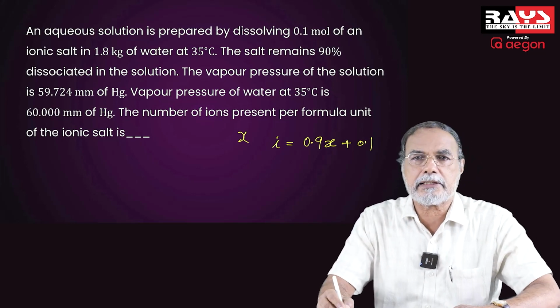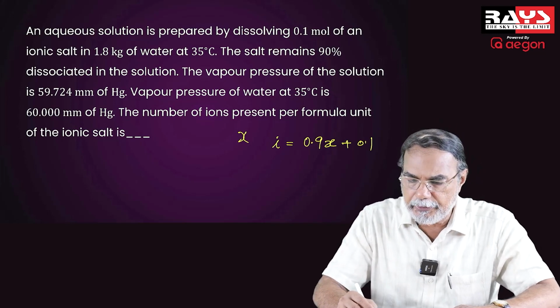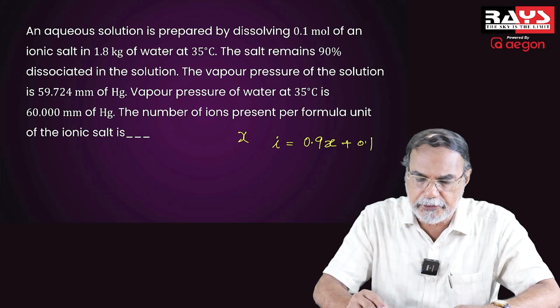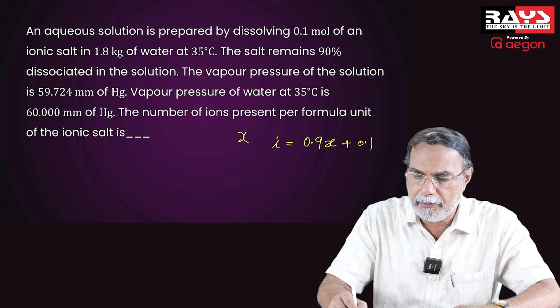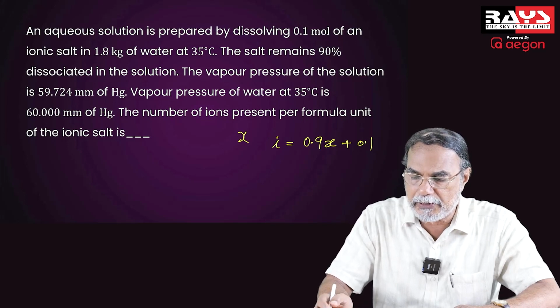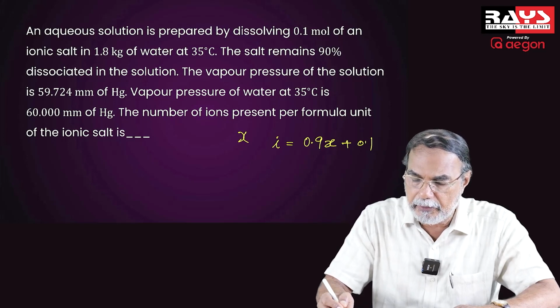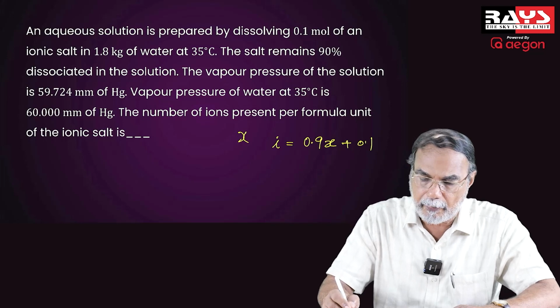Isn't it? So that is the Van't Hoff factor i. It is 0.9 because it is 90% dissociation. X is the number of ions present per formula unit. So 0.9 into X plus 0.1 will be the Van't Hoff factor.